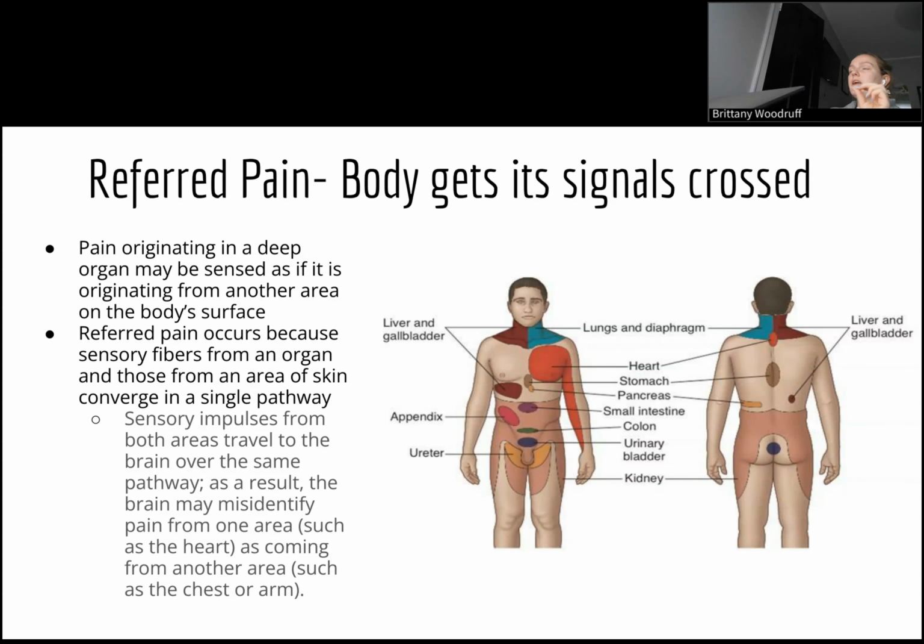It is not that that area of the arm is losing blood circulation or damaged in some way, shape, or form. What it is, is that the heart is sending the signal, I am in pain, and the body is interpreting that as being from that region on the arm. Okay. So what happens is the sensory impulses from both areas are going to travel over the same pathway, and the brain can misidentify pain from one area as coming from another area.